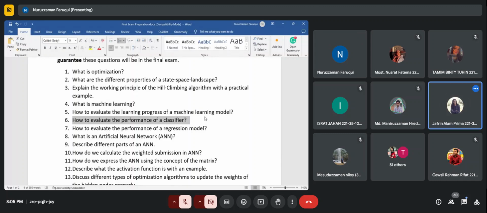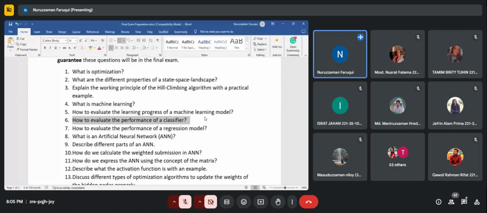Confusion matrix. Okay, very good. Now, in the final exam, the question can be: explain how confusion matrices are used to evaluate the performance of a machine learning model. Or a confusion matrix can be given in the question, and you have to find out which class is performing the best.